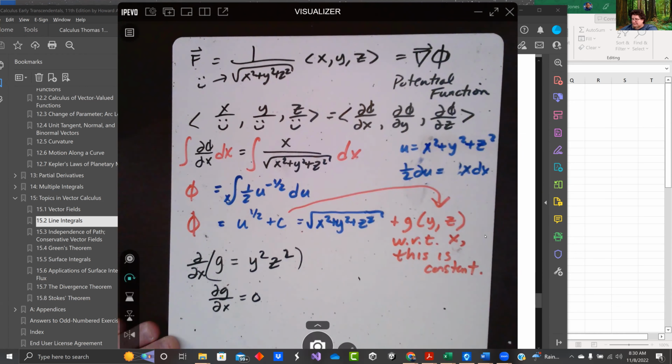And then I'm going to get plus dg/dy. That's just taking the derivative with respect to y. And if I come back up here, I have what dφ/dy is, from up top: y over the square root of x squared plus y squared plus z squared.